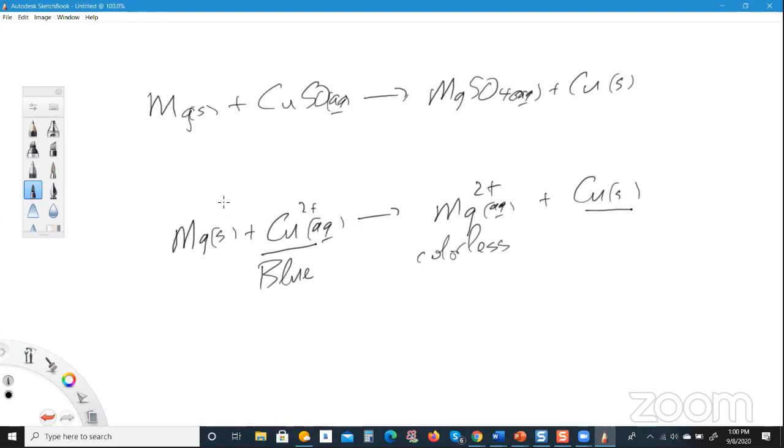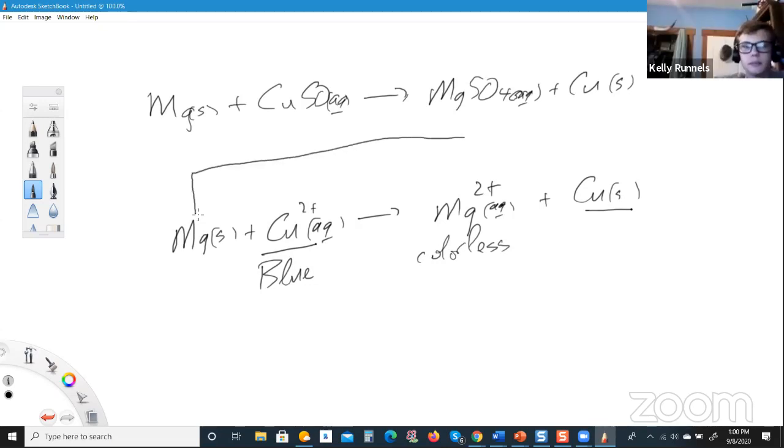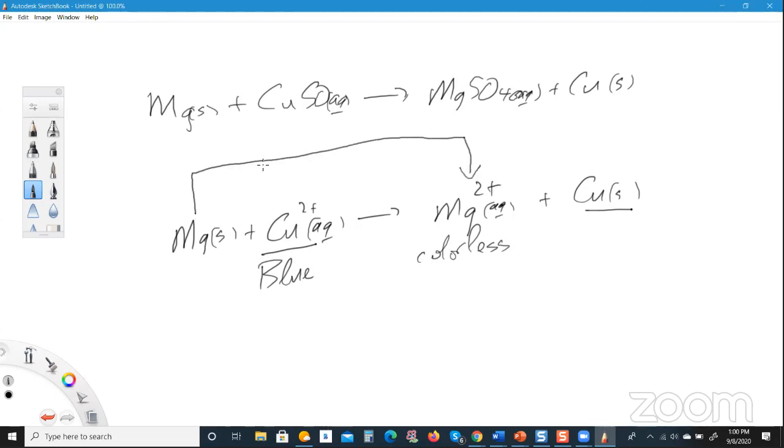The magnesium here has no charge and the magnesium there has a +2 charge, which means the magnesium is losing 2 electrons. Therefore, the magnesium is undergoing oxidation.